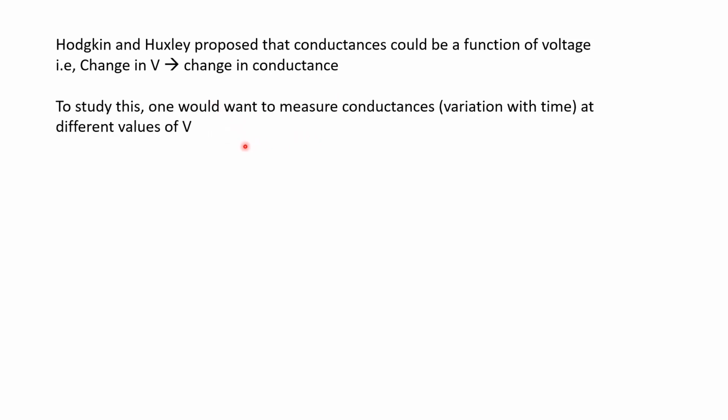So if we could keep the voltage at a particular value, and then if we can measure conductances at that value of the voltage, then we could understand the dependence of the conductance on voltage. But the problem is that as soon as the conductance changes, it in turn affects the voltage. So it is very difficult to maintain a steady voltage while the conductances are changing.